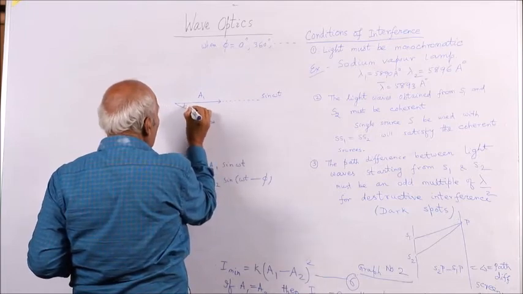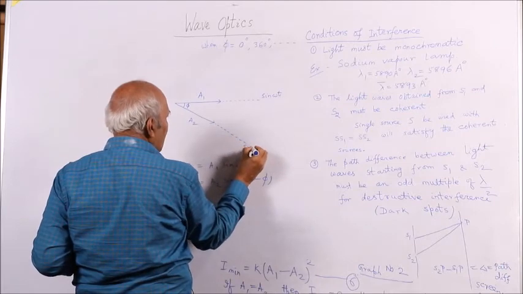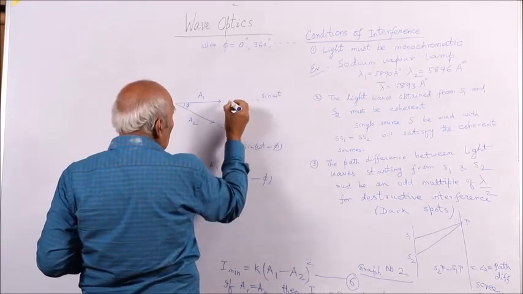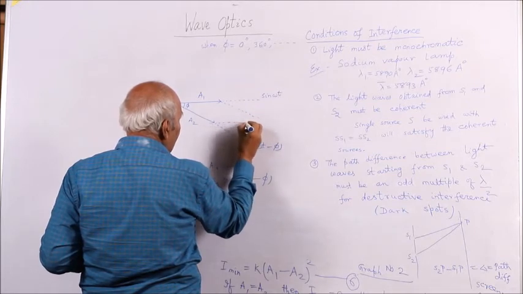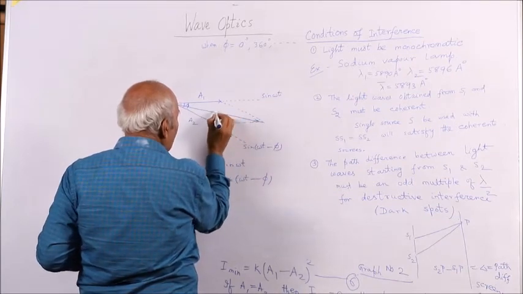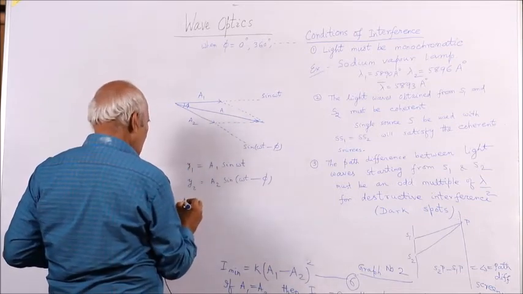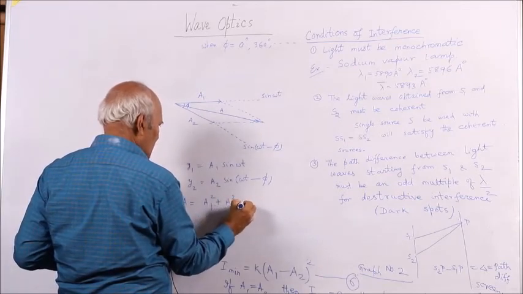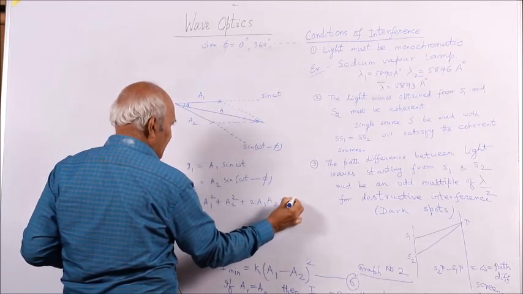This is the angle phi. You make a parallelogram to find the resultant amplitude A. From mechanics, A squared is A1 squared plus A2 squared plus 2 A1 A2 cos phi.